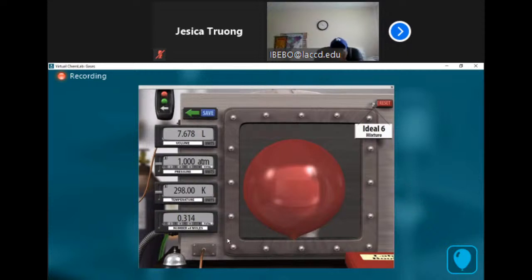Okay, thank you. All right, so when you filled out that table, then you go to number 7, which is now telling us that another way of expressing Dalton's law of partial pressure is with the expression that the pressure of a gas is equal to the mole fraction of the gas times the total pressure.